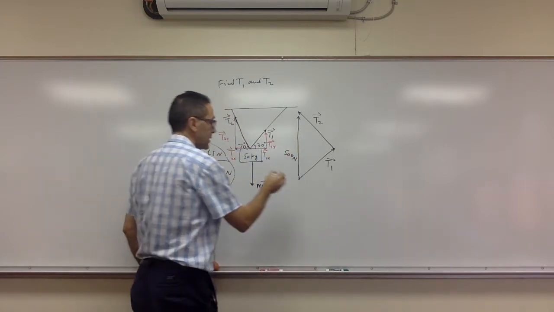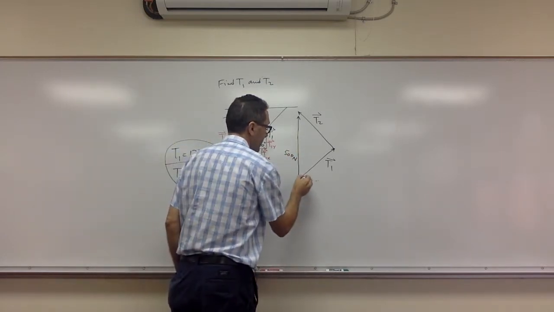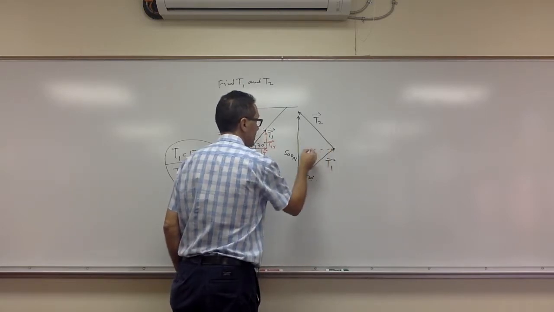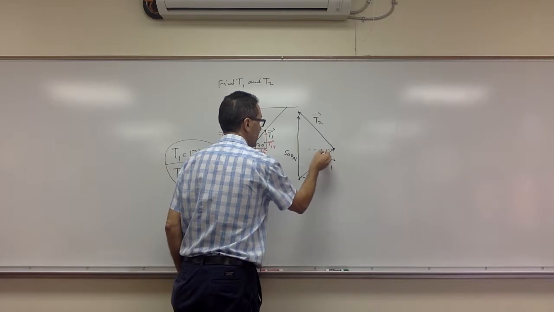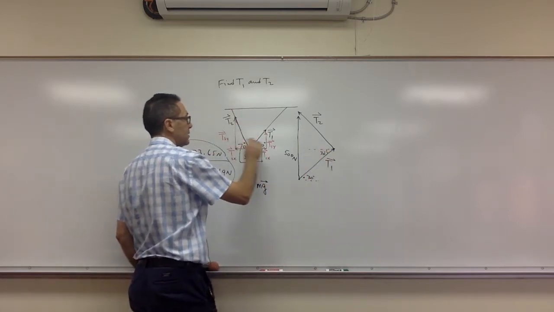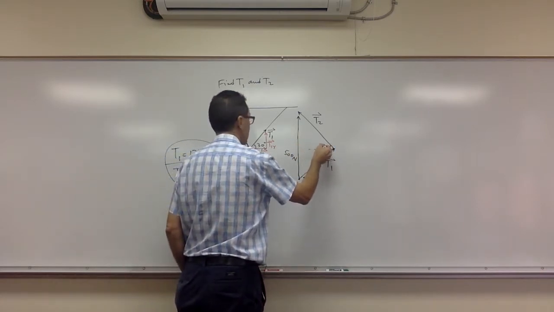Now, if you look closely, this angle here is 30 degrees. This angle here is also 30 degrees. The angle that T2 makes with the horizontal is 70 degrees.